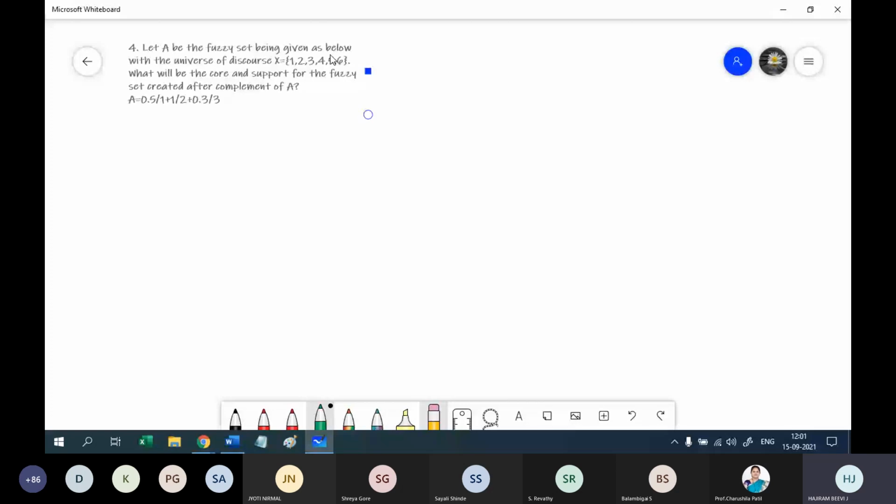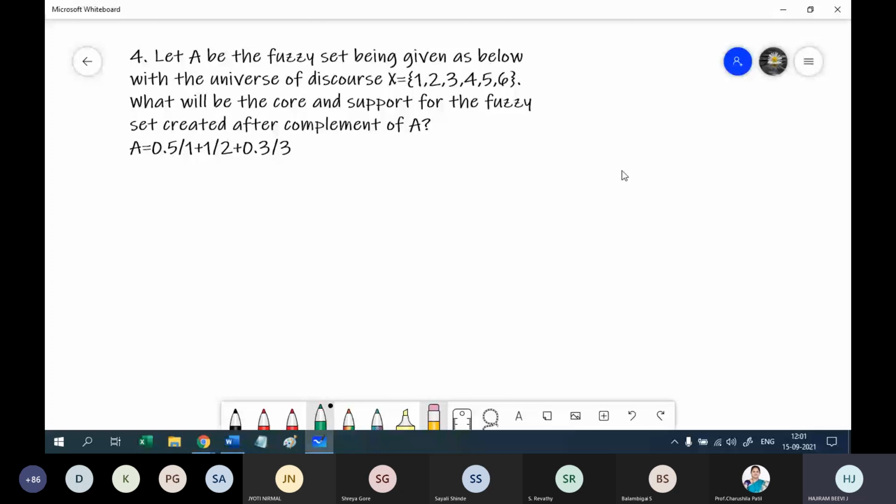So the sum is: let A be the fuzzy set given as below with the universe of discourse X equal to 1, 2, 3, 4, 5, 6. What will be the core and support for the fuzzy set created after complement of A? So this one involves the complement operation. Then we have to find the core and support.